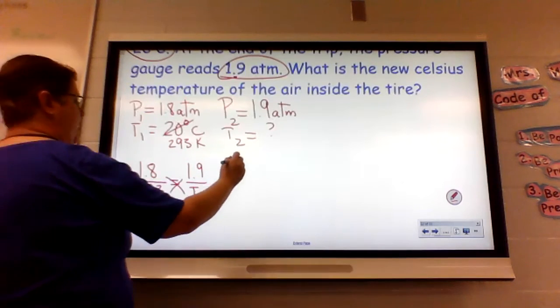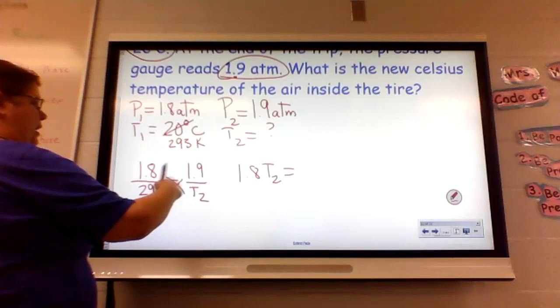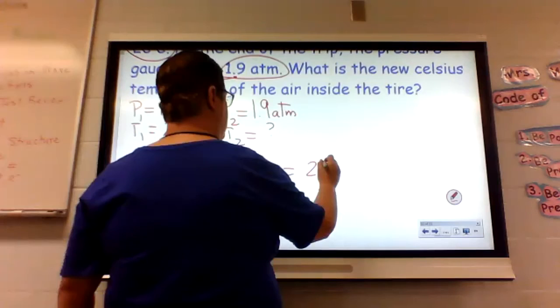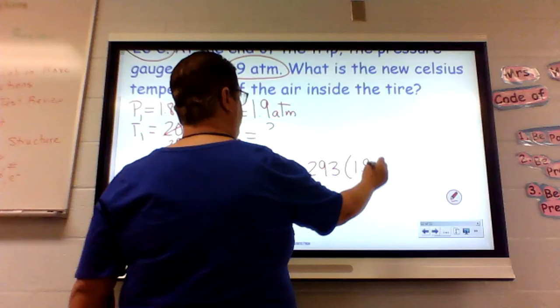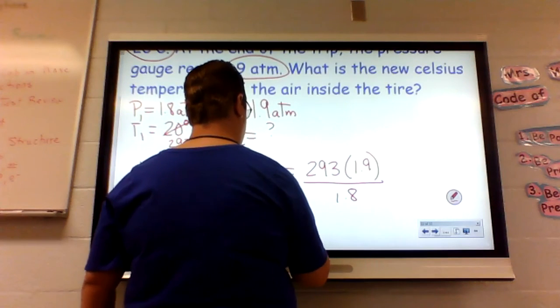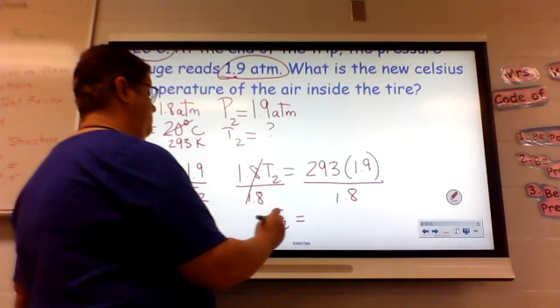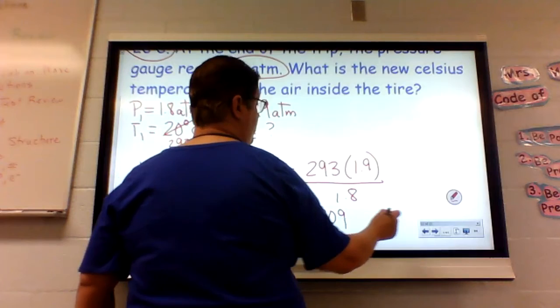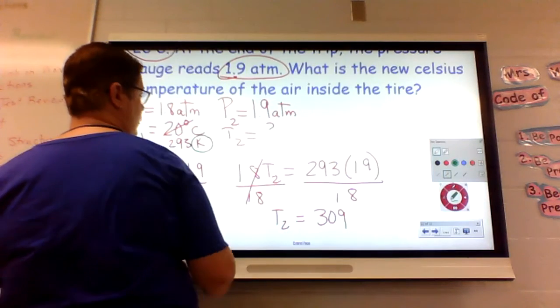Cross multiply, we get 1.8 T2 equals 293 times 1.9. Divide by 1.8. Can somebody tell me what T2 was right there? 309. All right, so 309, the units have to match. So that had to be a Kelvin.